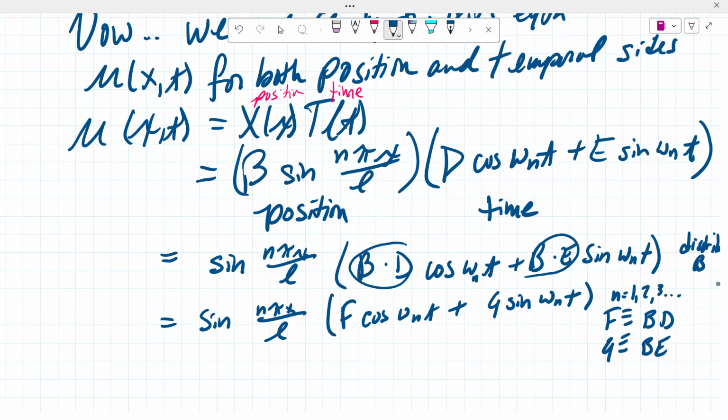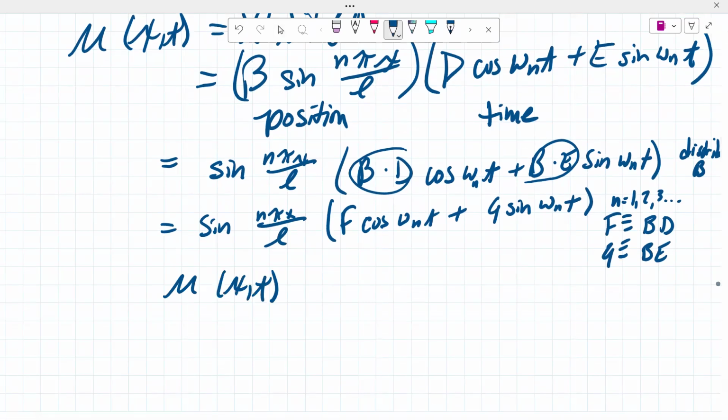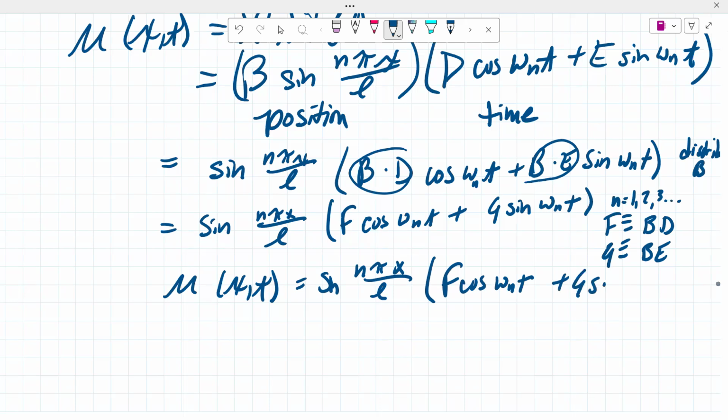So we've collapsed them. So now we have u of x and t equals sine n pi x over L times f cosine omega sub n t plus g sine omega sub n t, again for n equals 1, 2, 3, dot dot dot.